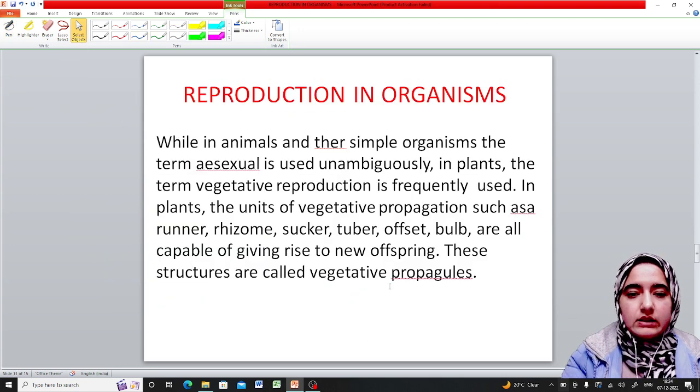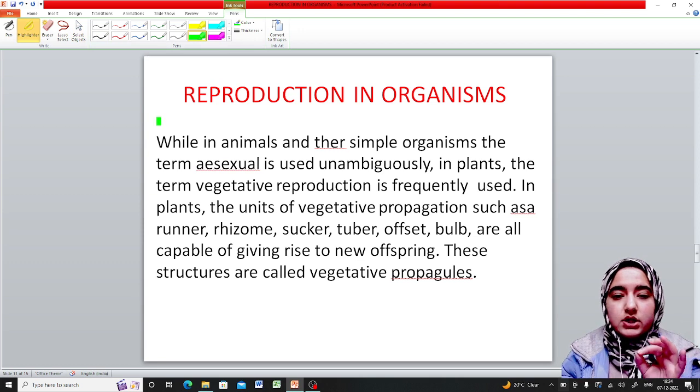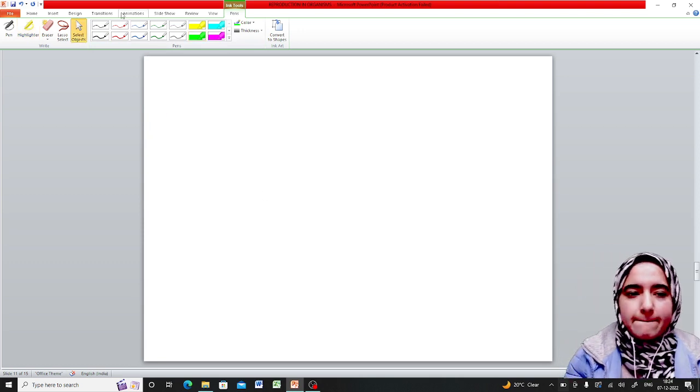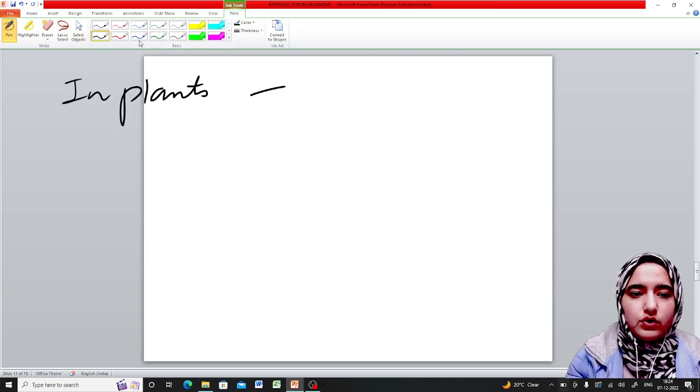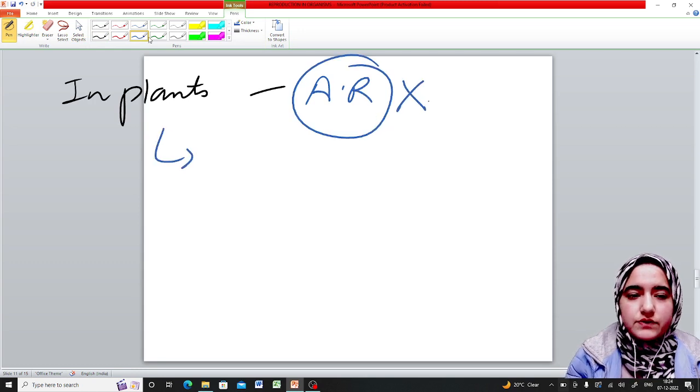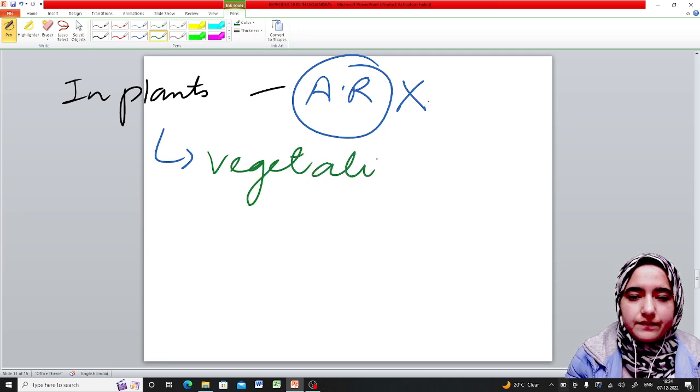Now we will see vegetative reproduction. What is vegetative reproduction? In plants, we don't use the term asexual reproduction. In plants we use the term vegetative reproduction instead.